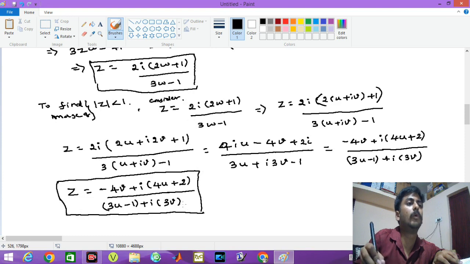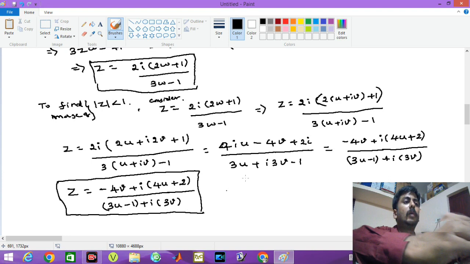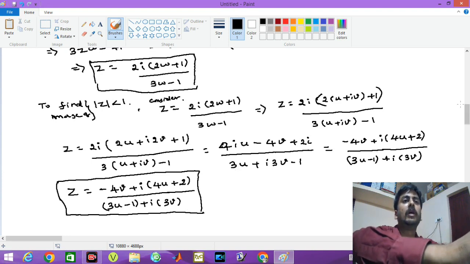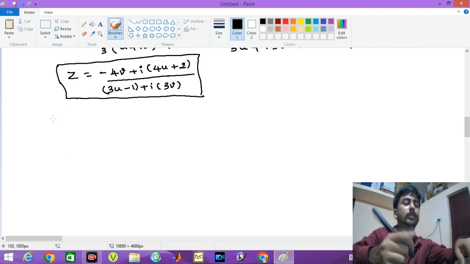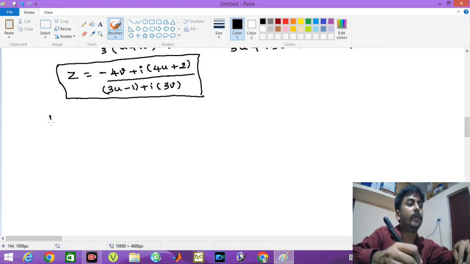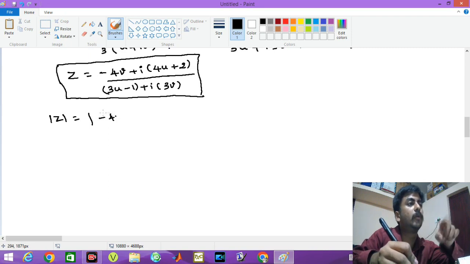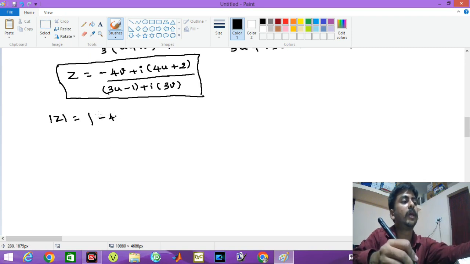Now we shall find the modulus of z. So now it will be very easy. To find the modulus of z, taking modulus on both sides, we get modulus of z equal to modulus of minus... See, when z equal to u plus iv, what we can do is, the modulus of x plus iy is the square root of x square plus y square.